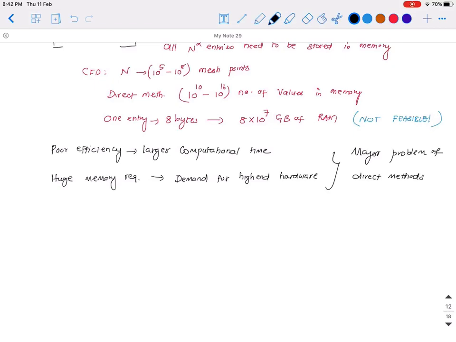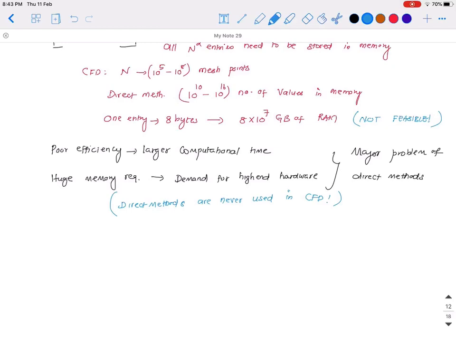So we can even say that direct methods are never used in CFD. In general we can say that no CFD simulation package employs direct methods to solve the linear algebraic system arising from the discretization.